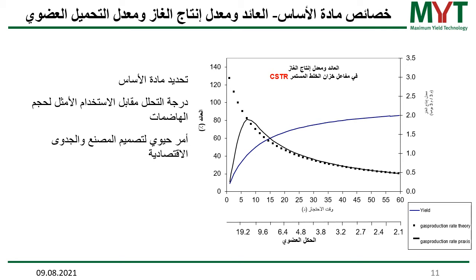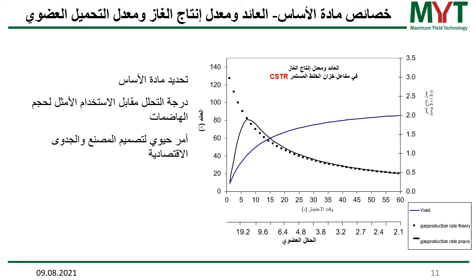Then you get a higher yield, as you can see in the blue curve here in this graph on the right hand side. However, doubling the retention time from 30 to 60 days means you need twice as large a digester volume, and this translates directly into investment costs.